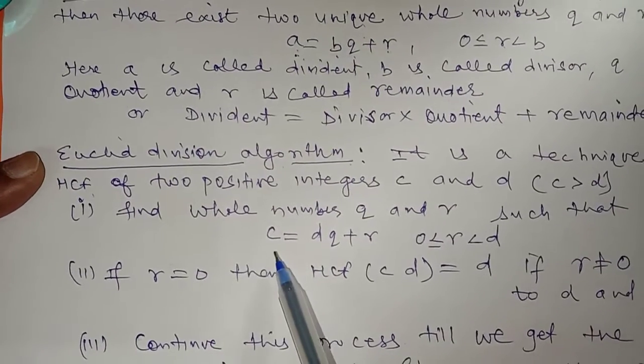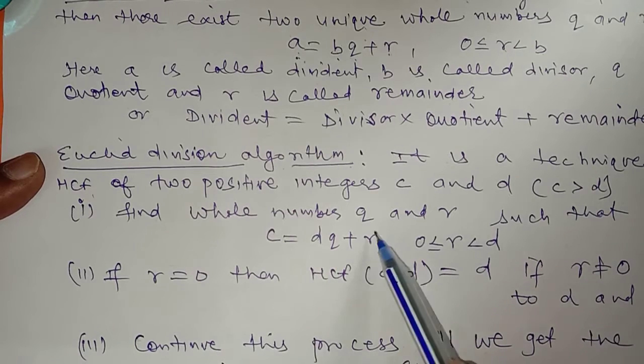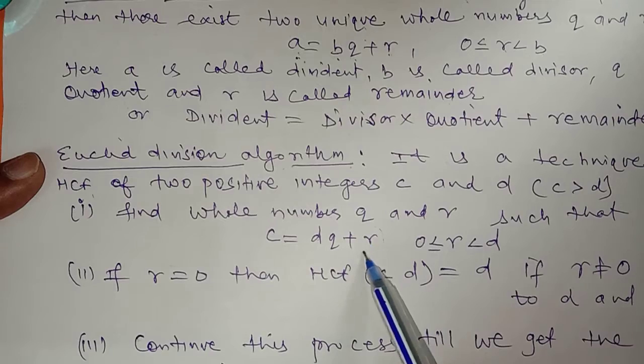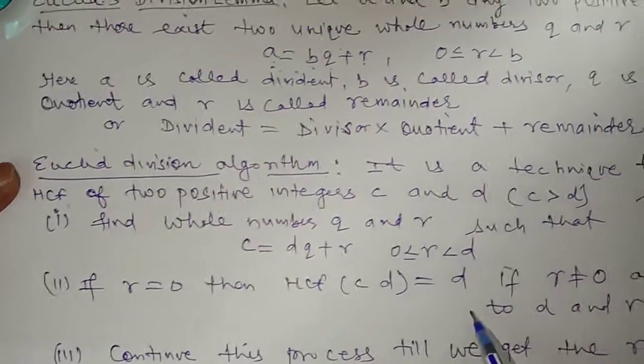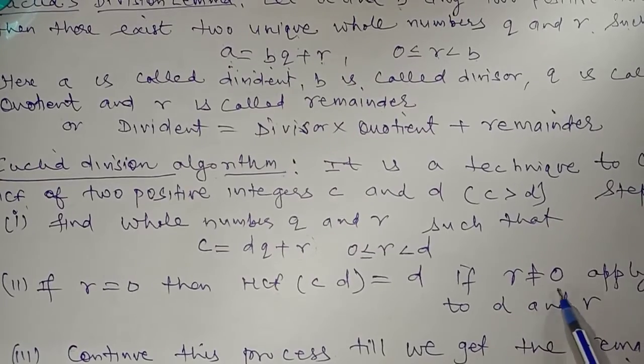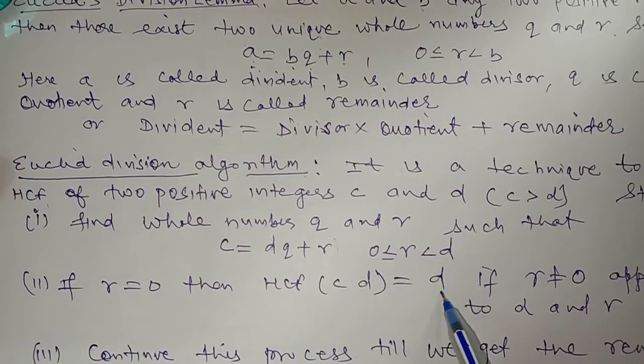If you write dividend is equal to divisor into quotient plus remainder, and if the remainder is 0, then the HCF of C and D will be D, the number by which we divided.